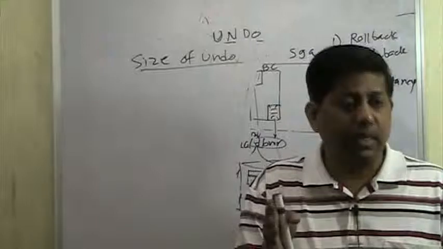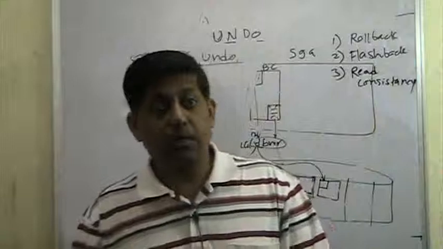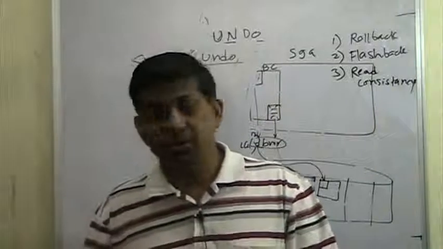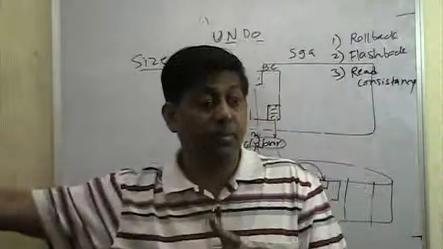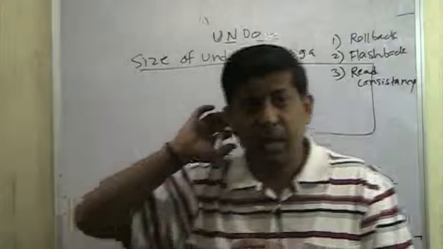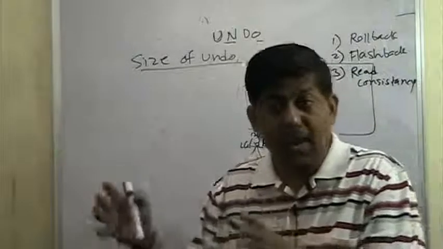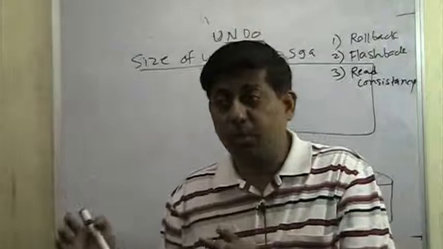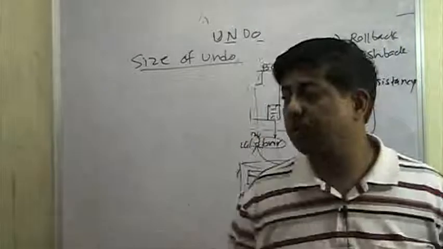So what is the size of your transaction? That is number one. Number two is what is your undo retention? Your transaction size may be small, but your undo retention may be very long, maybe 2 days. I haven't seen anybody keeping the undo retention that long, but suppose it is. Then for that period nobody should be overwriting your expired undo, and therefore you require more and more space for undo.